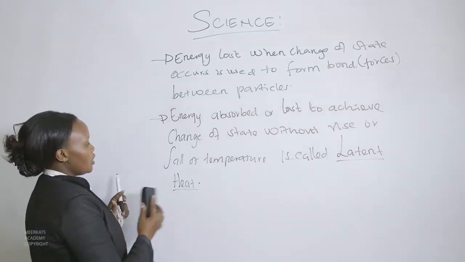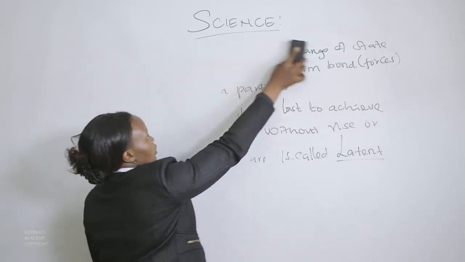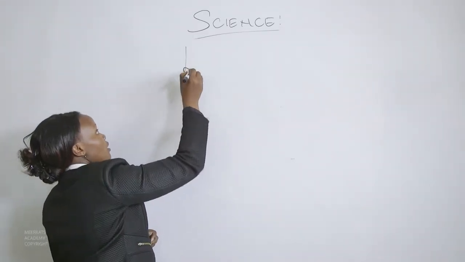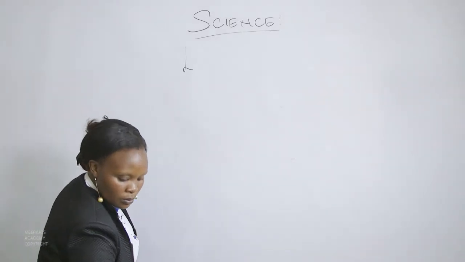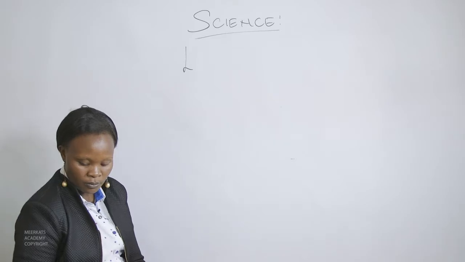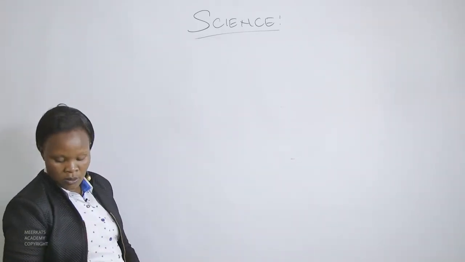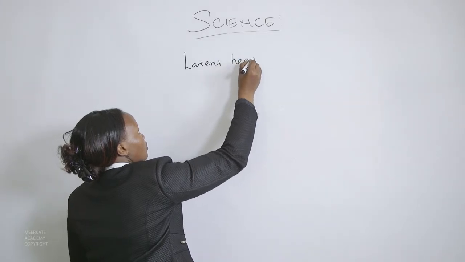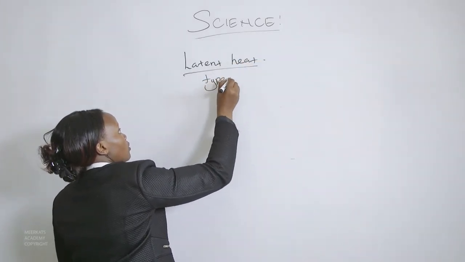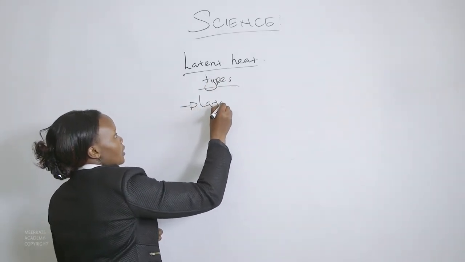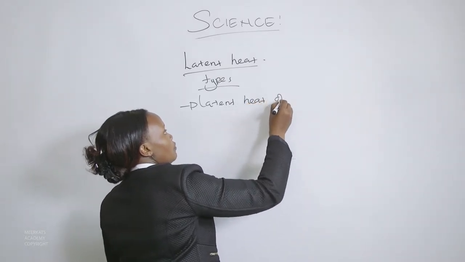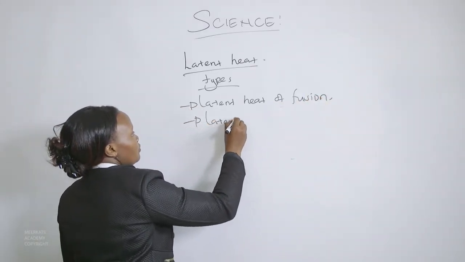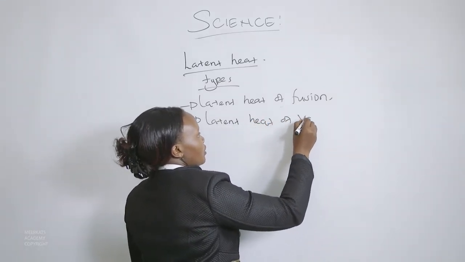Now we have two types of latent heat. We have what we call latent heat of fusion, and we have latent heat of vaporization.